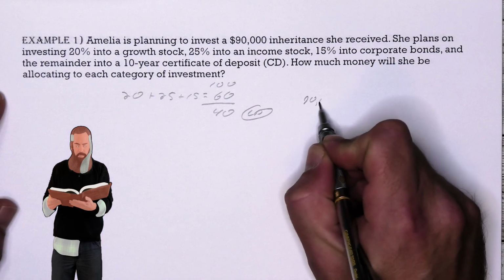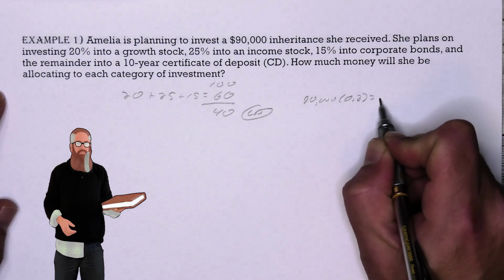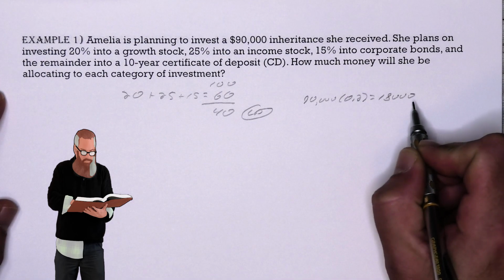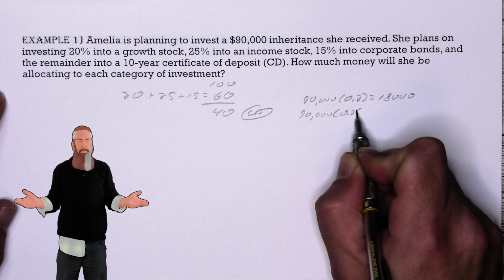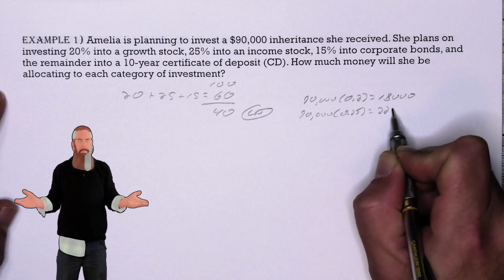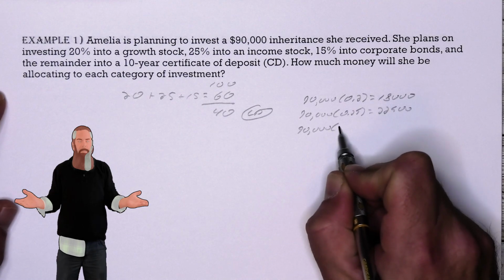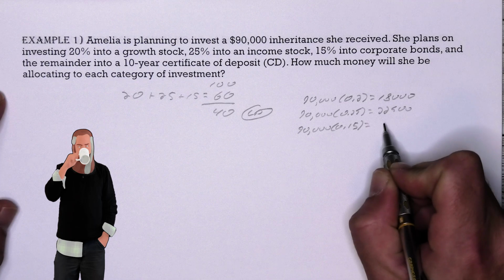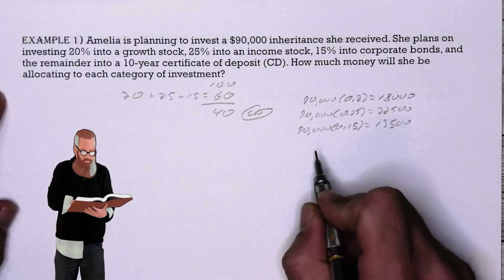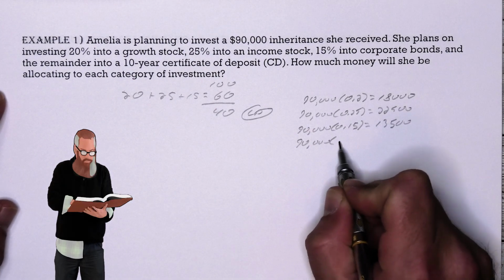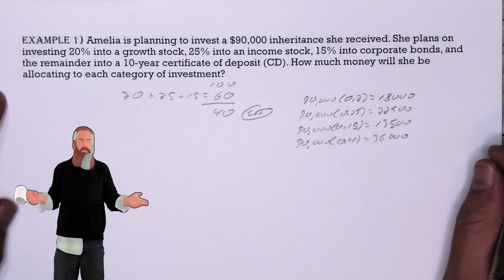So the $90,000 that she's going to get times 20%, or 0.2, she will be investing $18,000 into her growth stocks. 90,000 times 0.25 gives us $22,500 that she will be investing into income stocks, and 90,000 times 0.15 will give us $13,500 she is putting into corporate bonds. 90,000 times 0.4 gives us $36,000 that she is going to be investing into CDs.